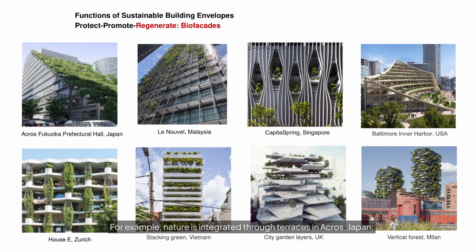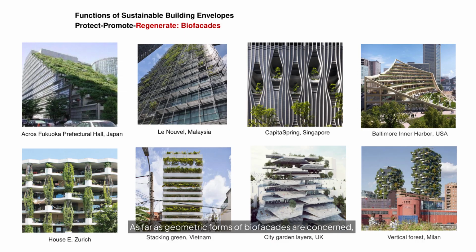For example, nature is integrated through terraces in Acros, Japan, balconies in Nouvel, Malaysia, an interior courtyard in CapitaSpring, Singapore, rooftop terraces in the Inner Harbor of Baltimore, USA, vertical ribbing in House E, Zurich, horizontal ribbing in Stacking Green, Vietnam, vegetative terraces in City Garden Layers in the UK, and green balconies in the Vertical Forest in Milan, Italy. These elements serve as primary architectural elements of vegetation while also defining the interface between architecture and ecology.